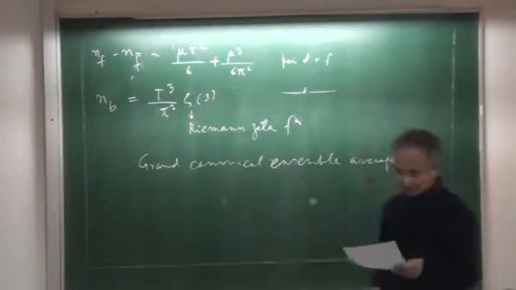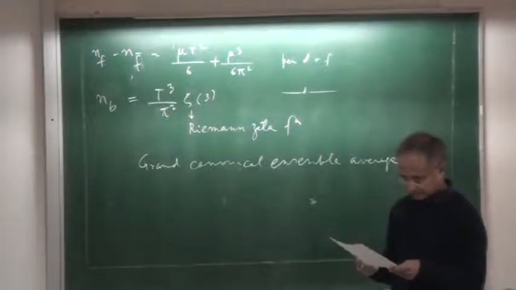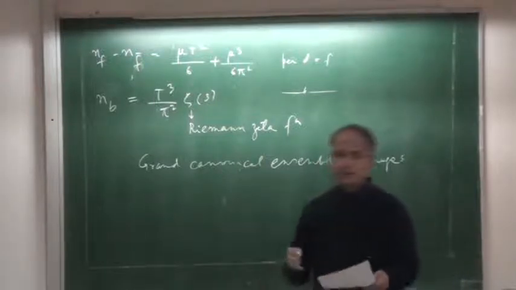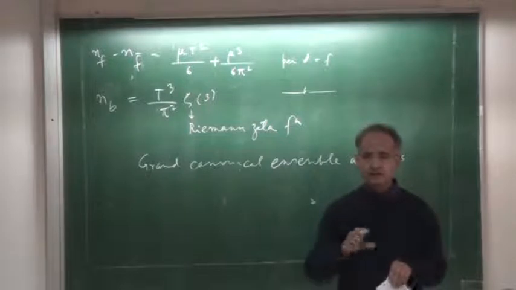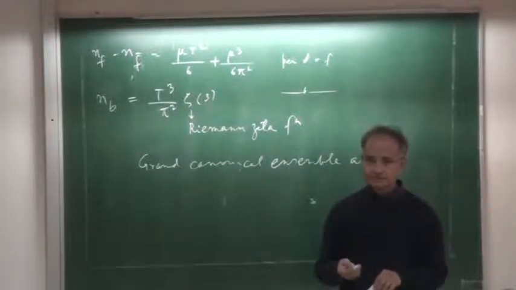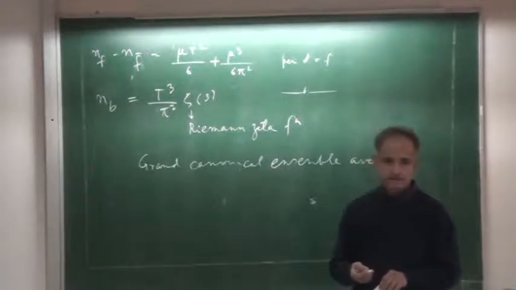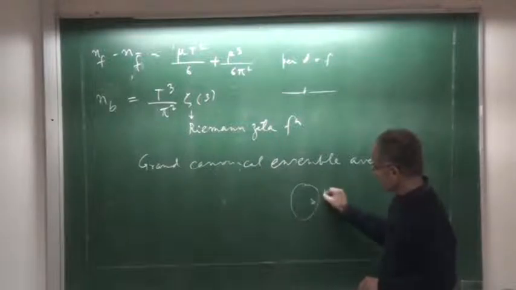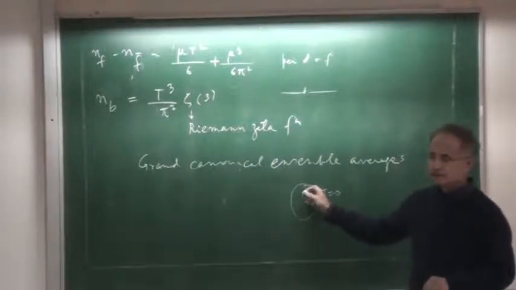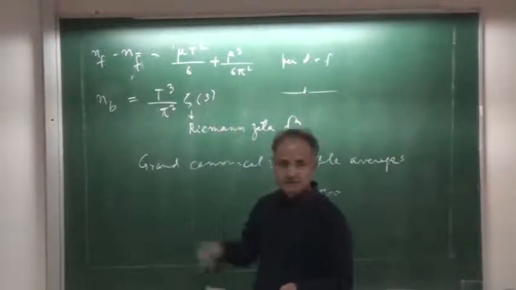Now, suppose I ask you how many photons are there inside a black body at zero temperature? Black body at T equal to 0. How many photons are there? From here you get 0.